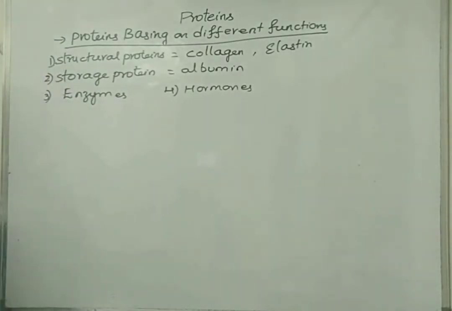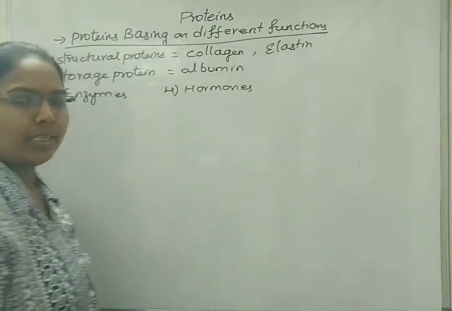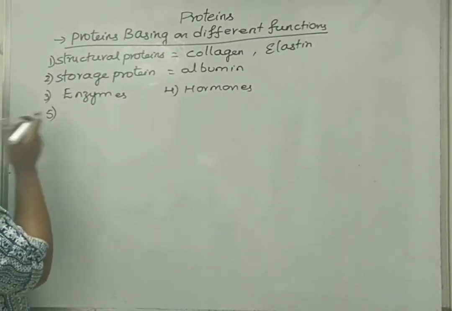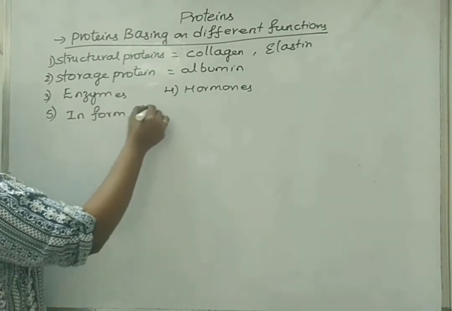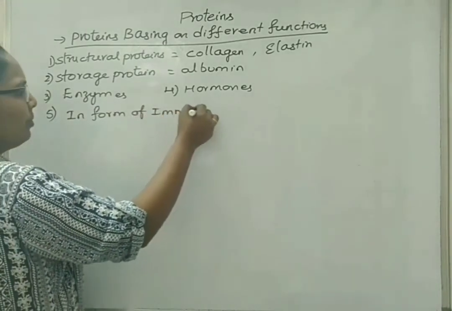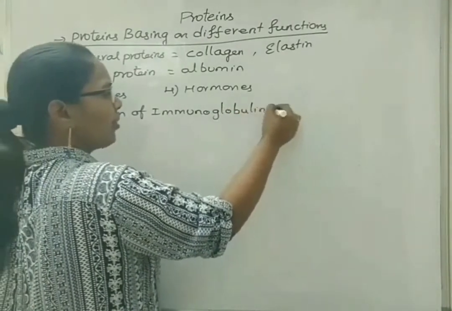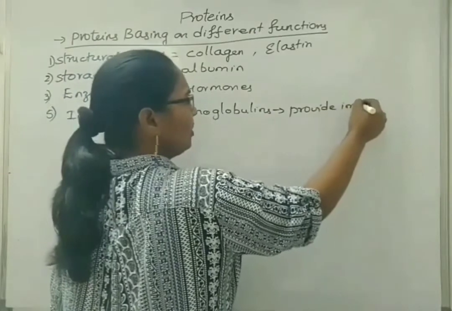When protein is getting synthesized, at the tertiary structure, these are deviated into enzymes and hormones. Next, proteins in form of immunoglobulins. They provide immunity.